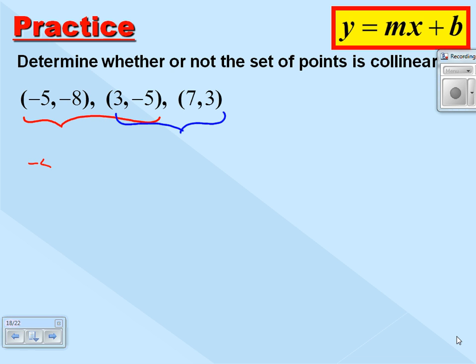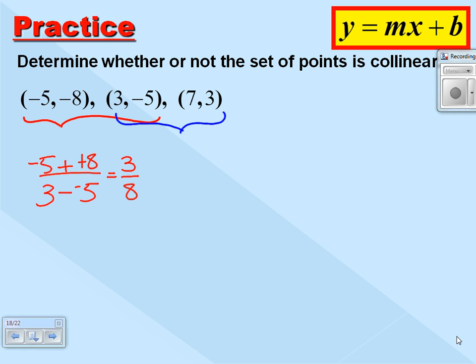That's -5 minus -8 over 3 minus -5. If I simplify that, that's going to be 3 over 8.